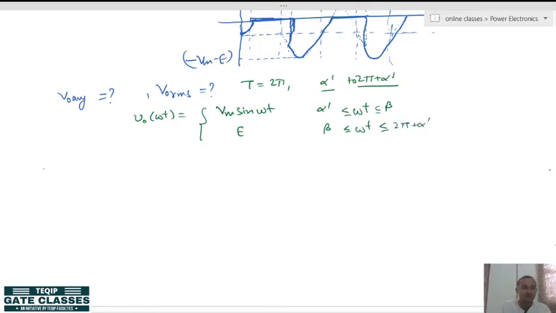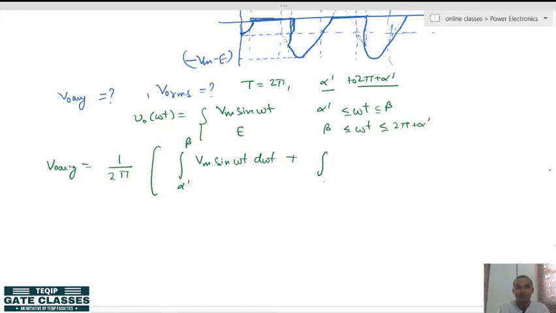All right, let us find the average value. That is 1 upon 2 pi times the integration from alpha dash to beta of Vm sin omega t d omega t, plus the integration from beta to 2 pi plus alpha dash of E d omega t.